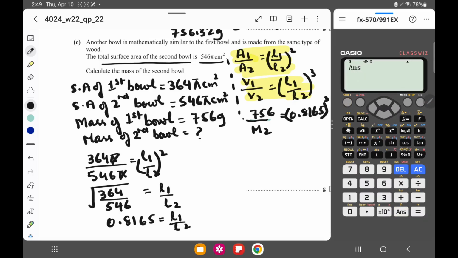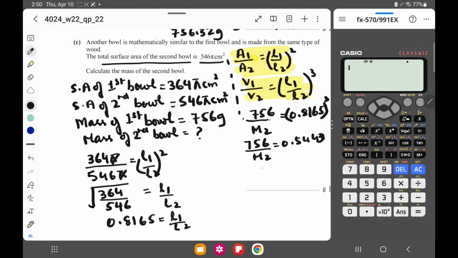Okay, answer Q is equal to 0.54433. Alright, now cross multiply and get your answer.